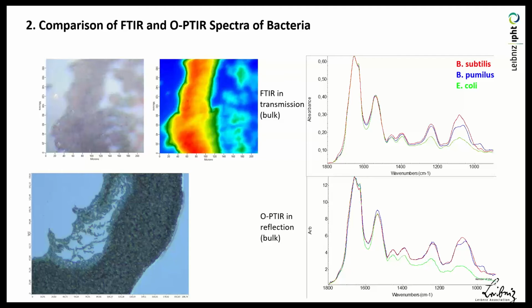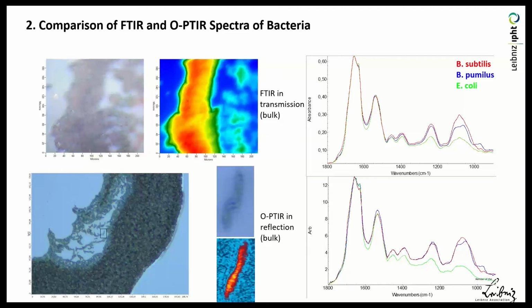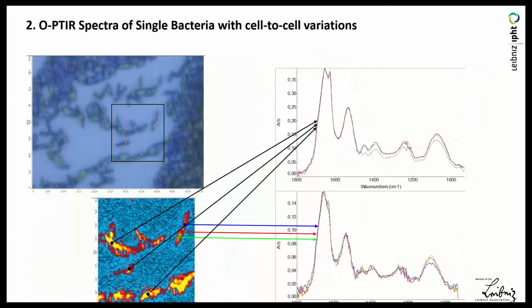But of course, if you look carefully, here are some single bacteria isolated, and of course, it would be interesting to study them with OPTIR imaging, which can nicely resolve them. And if you collect spectra from different bacteria, they're all very similar, but surprisingly, these are, I think, two bacteria next to each other.